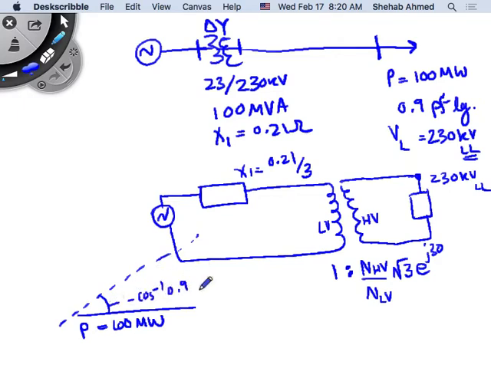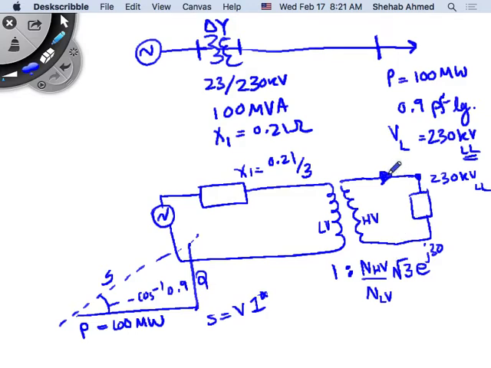So given this angle, and since you have this length and you have this line here, just from geometry, you can extend this and bring it here, which means you can use the Pythagorean theorem to figure out what S is and what Q is, which means you can also do what? S equals V times I conjugate, right? Which means you can also calculate the current here.